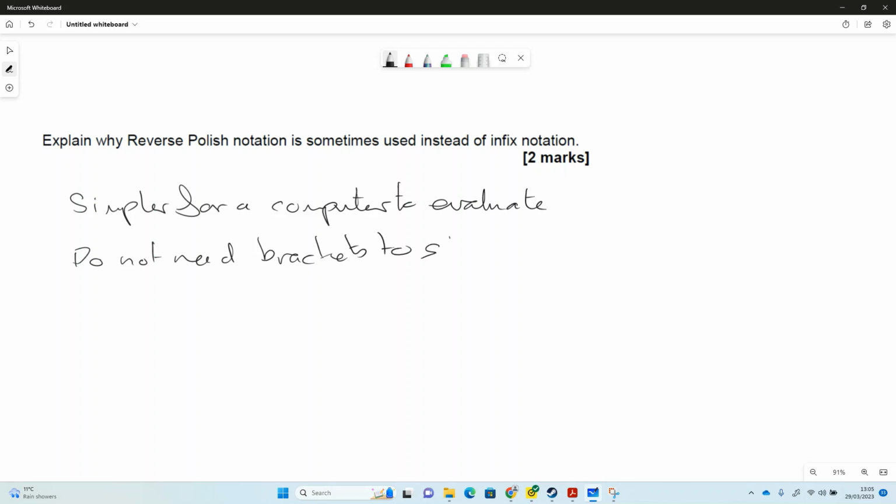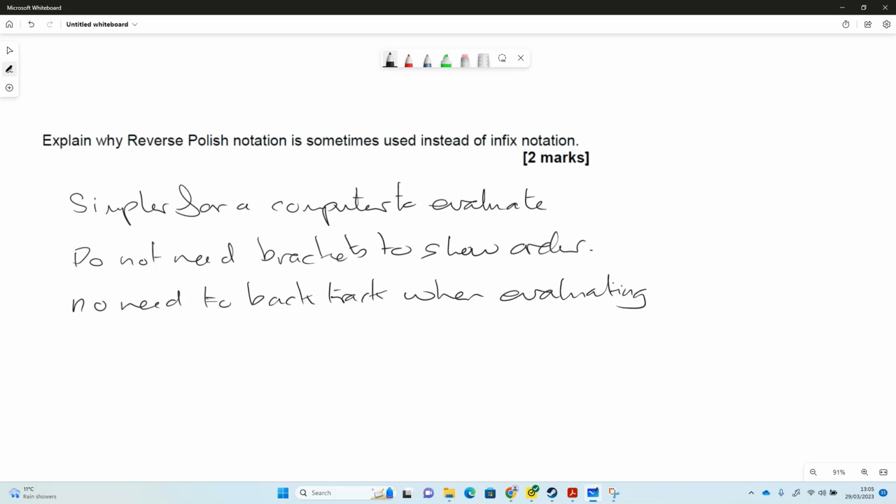to show order, and we could say no need to backtrack when evaluating. So there's three answers there we could use.